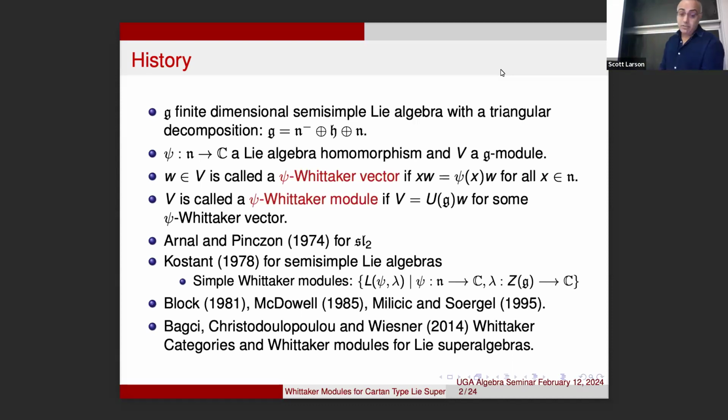He proves many results for semi-simple Lie algebras in his paper. Among his important results, he gives a complete description of simple Whittaker modules for semi-simple Lie algebras. He basically shows that if you fix psi, then simple Whittaker modules for semi-simple Lie algebras are parameterized by central characters. That's what he proves.